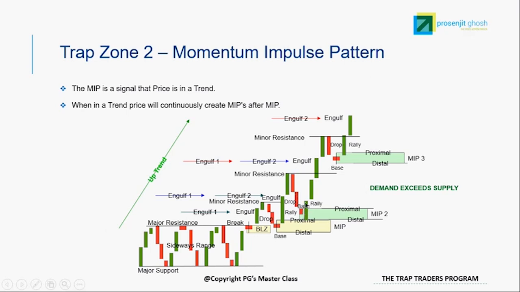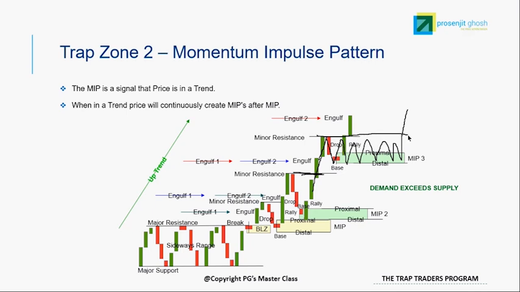The structure of the MIP should be V-like shape. It should not be like, many people do a wrong thing here. What they do, I mean, price moved up, breaks resistance, moves up, creates another resistance, comes down, and then price moves sideways, and then price goes up.